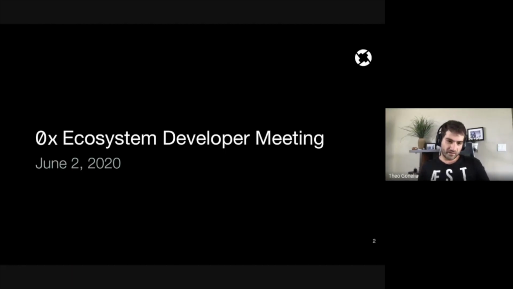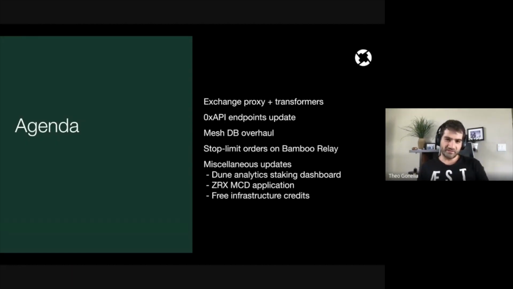But yeah, jumping right into the agenda today, there's a lot of quick content relatively. We're going to touch on the updates around the exchange proxy and the transformers pattern that we worked on. Lawrence is going to walk us through that in a minute.